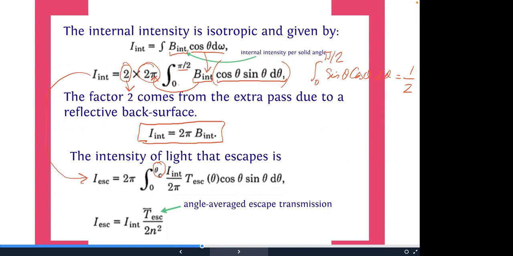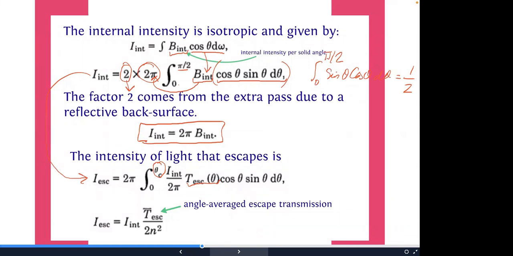There's an extra term here, which we didn't see, but that's just the probability of escape. It just means some of the light is actually reflected back because of Fresnel reflections. Not terribly important, because we're going to set that to be 1 later on. But just be aware that this factor exists.